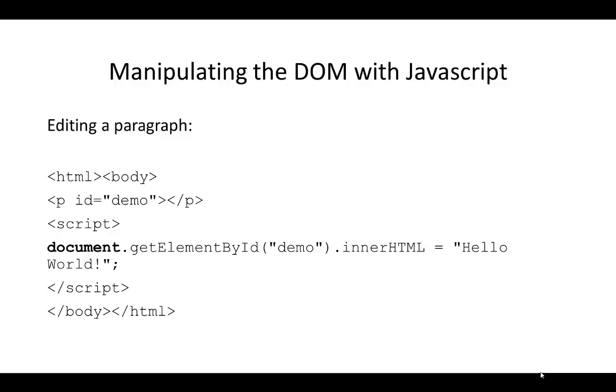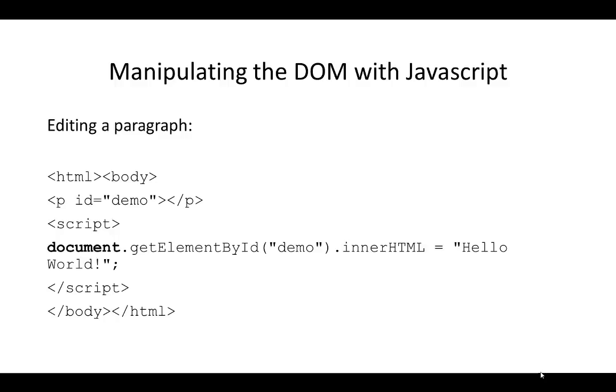So in JavaScript, manipulating the document object model. For example, I've got some HTML, and I've cut some of the page down here. I've got a paragraph, and the paragraph has the ID attribute set to demo. ID, remember, has to be unique across all elements in the page. And then I've got a script. So basically this empty paragraph will be created.